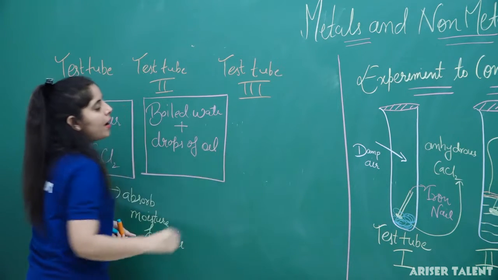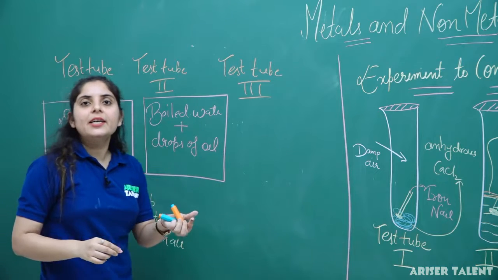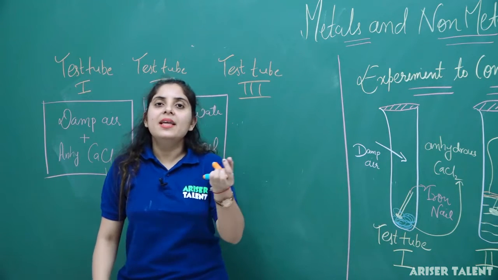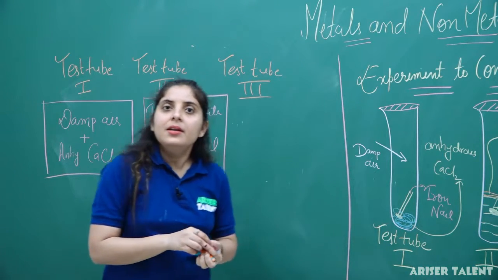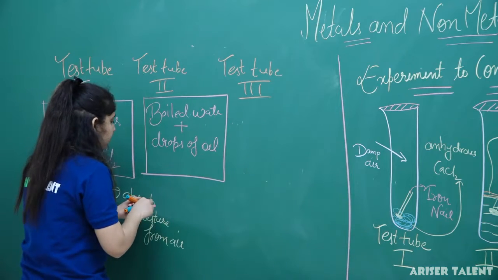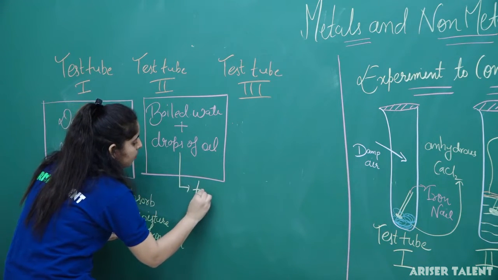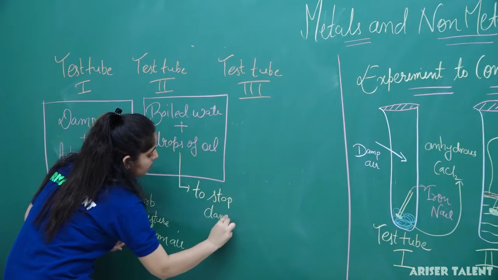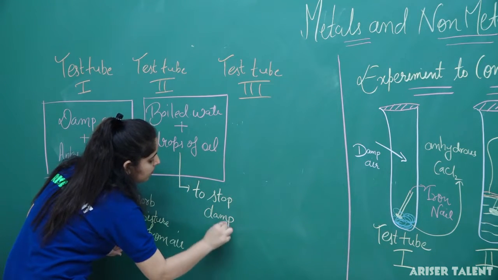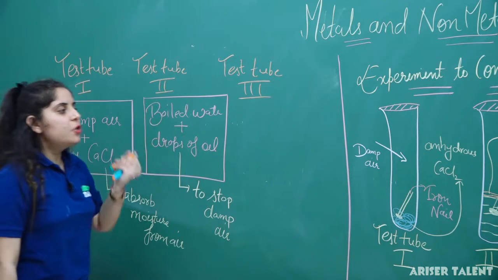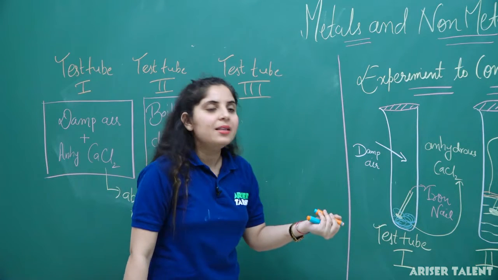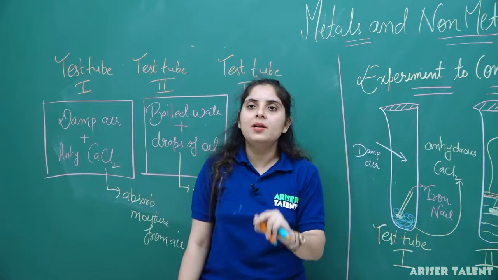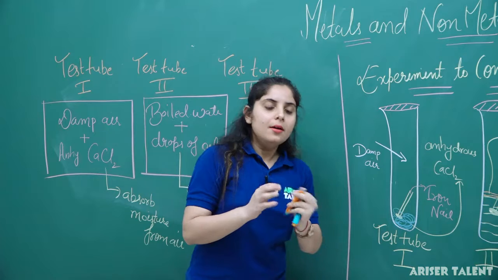These drops of oil are added in the second test tube to prohibit the entrance of damp air into the test tube, to stop damp air. Now, in test tube number 3, we can easily see that we have taken only unboiled simple water along with the damp air.